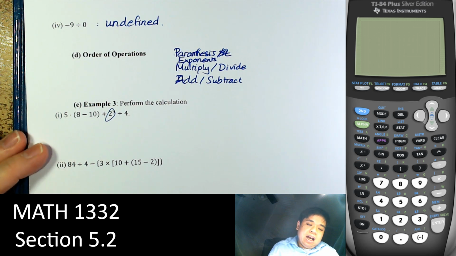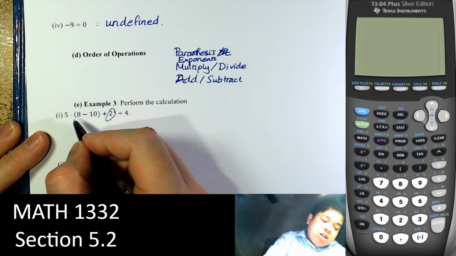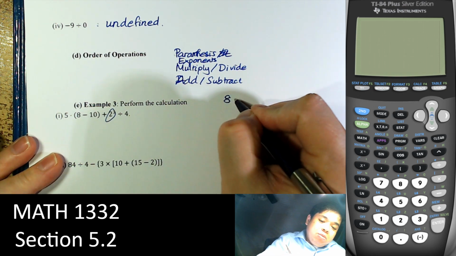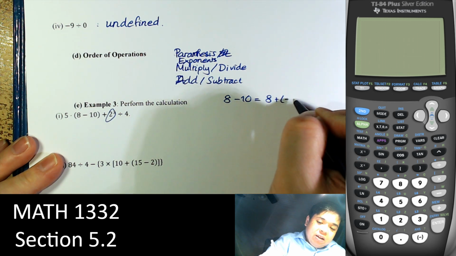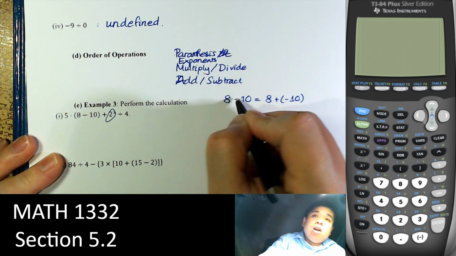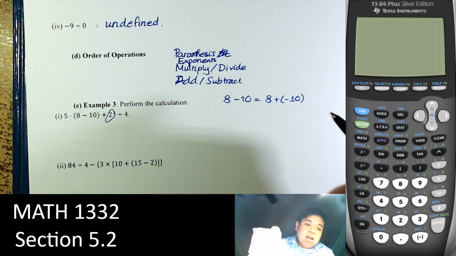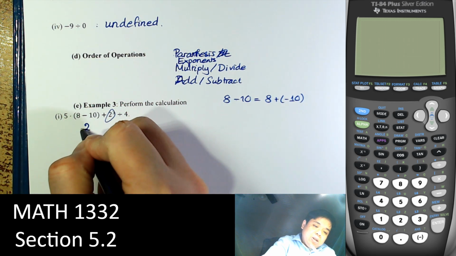Right, look at this example. So we subtract first, inside parentheses, 8 minus 10. If you don't want to do it like that, write 8 plus negative 10. Remember the signs go with the next number. So in that case, they have opposite signs when we add them. Subtract, 10 minus 8 is 2. Opposite.